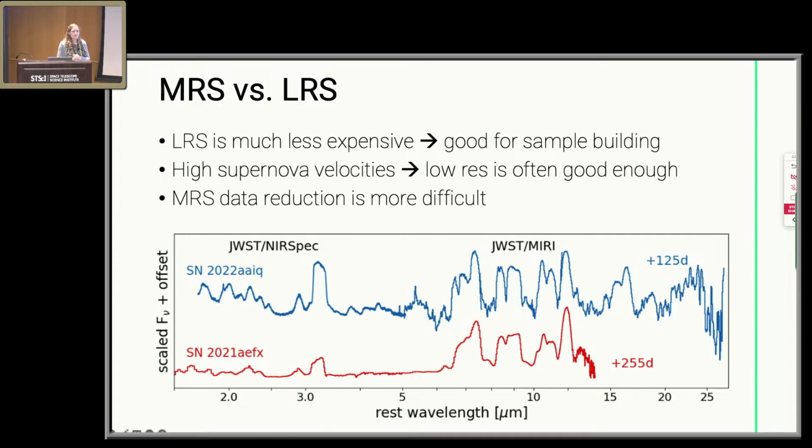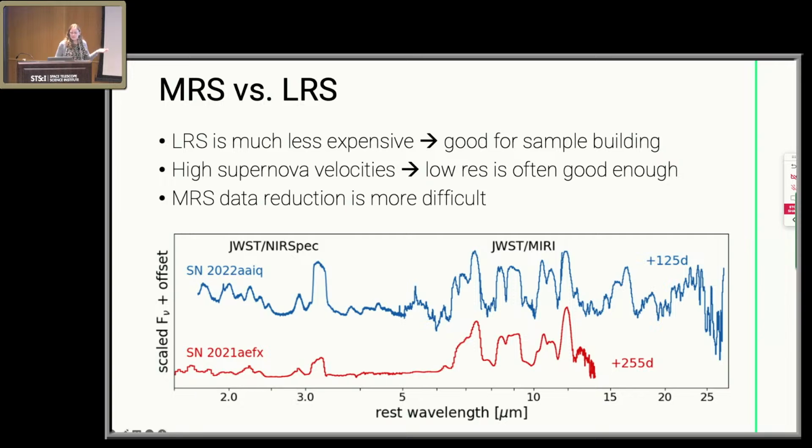So LRS is a lot less expensive, and that also makes it good for sample building. We're currently at the stage where with JWST this past year, we were able to get 8 spectra of 4 supernovae. So now we're up to a total sample size of 7, including the 3 objects with low resolution data from before. So we're talking really small samples. So as we build this up, I think LRS is a really important tool to use.